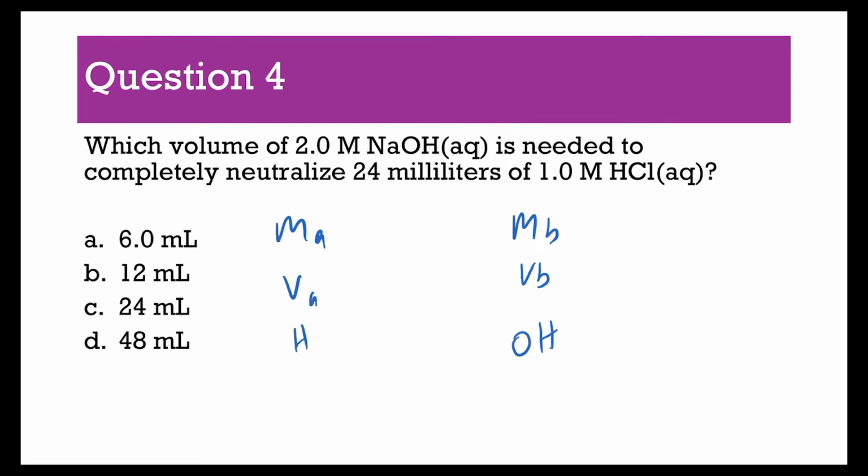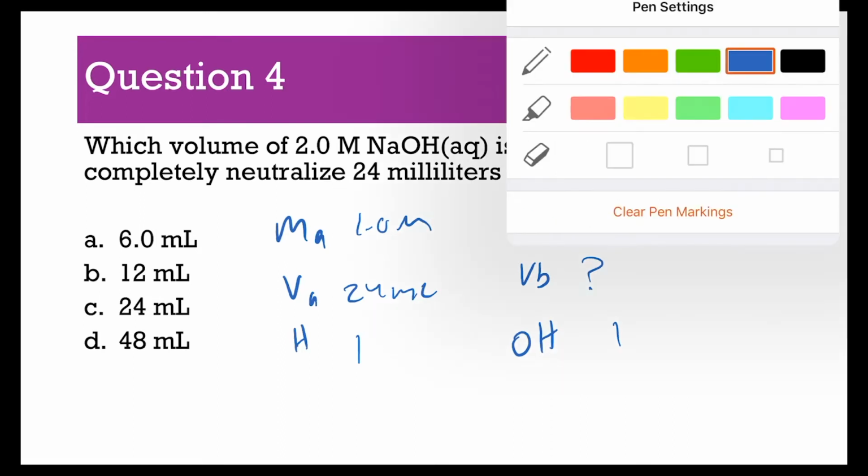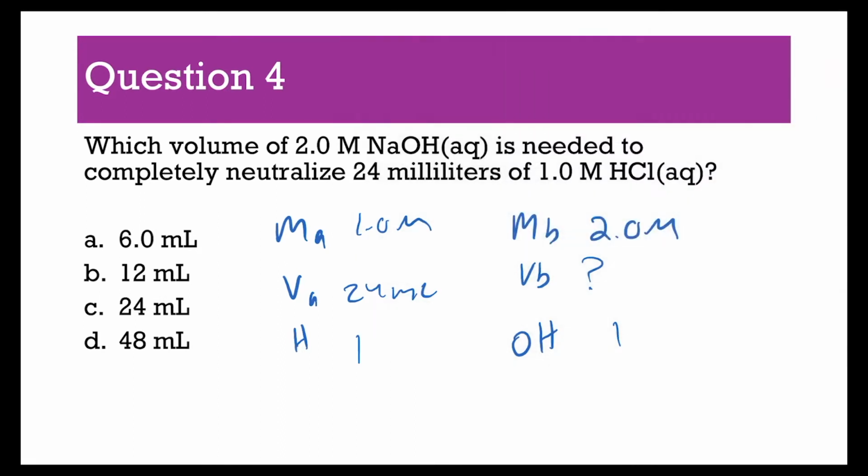So what volume of a 2 molar NaOH, that's our base, is needed to neutralize 24 milliliters of 1 molar HCl, and that gives us 1 H. So we plug stuff in.